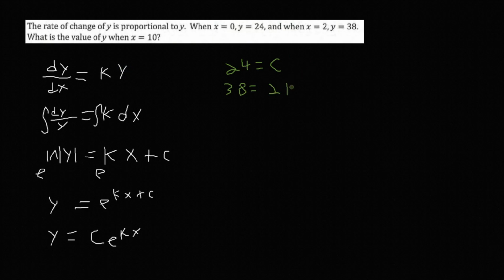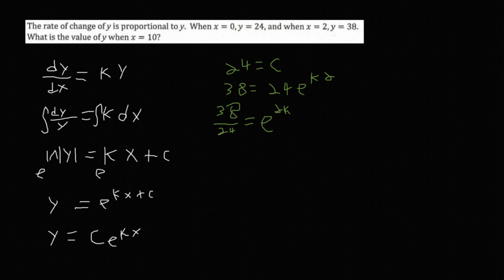So we have 38 is 24 e to the k times x, which is 2. Now we divide both sides by 24 to just leave the exponential. So 38 over 24 is equal to e to the 2k.